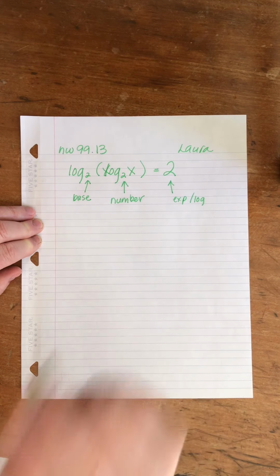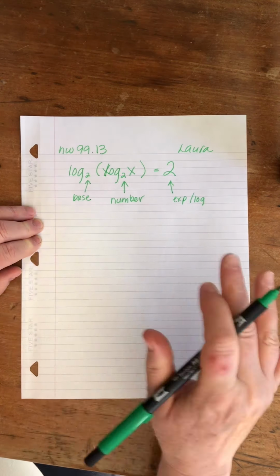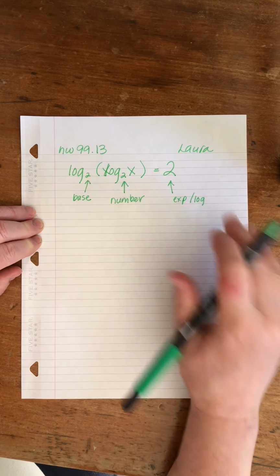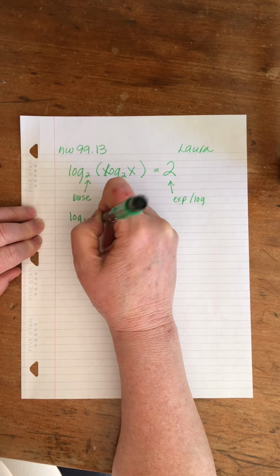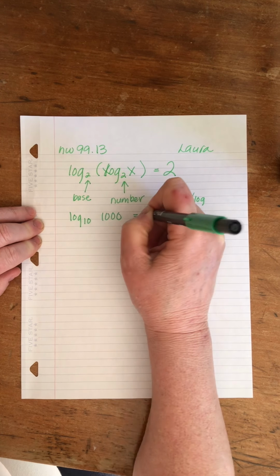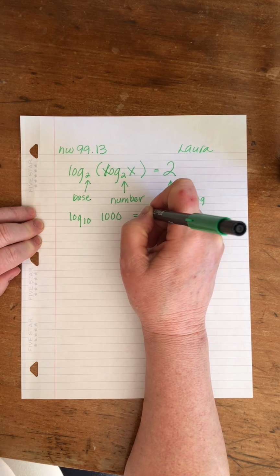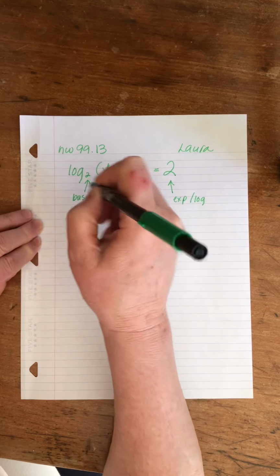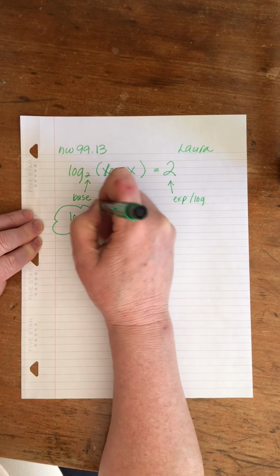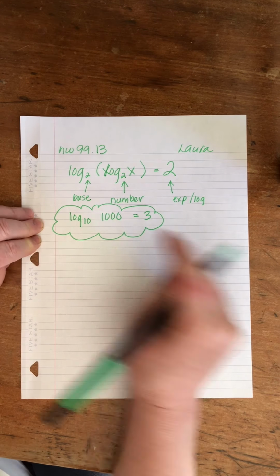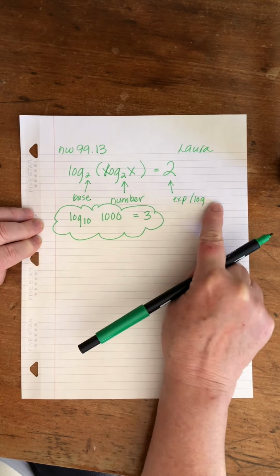And if you ever need to remember where these definitions come from, just remember this: log base 10 of 1,000 equals 3, right? 3 is the exponent that you put on the base of 10 to get 1,000. That will help you come up with these.